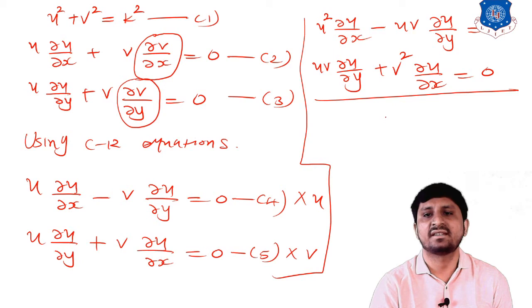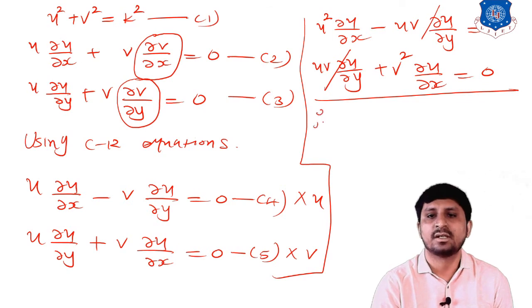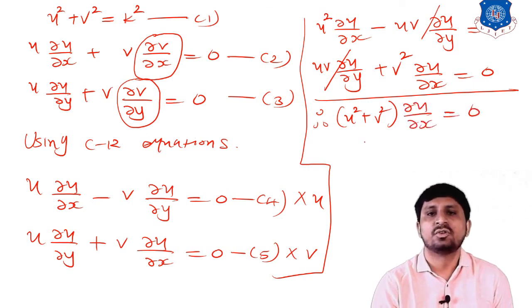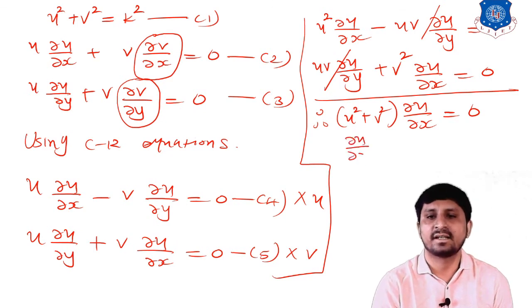When we add them, the uv del u by del y terms cancel out. Finally we have u square plus v square into del u by del x equal to 0. Since u square plus v square never becomes 0, clearly del u by del x equals 0.